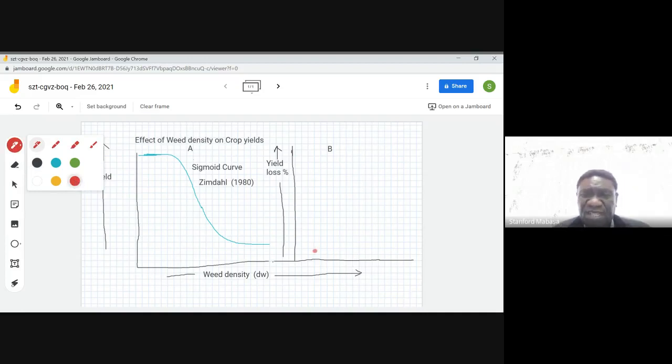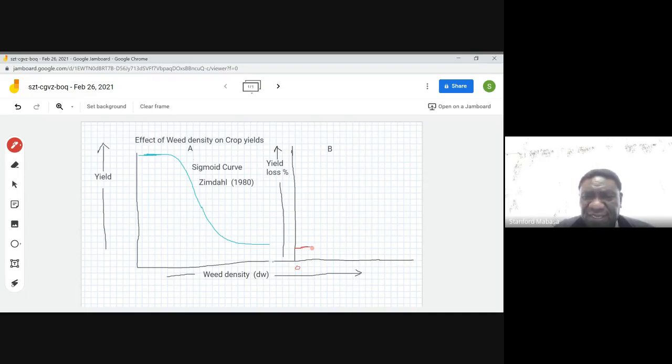Now, according to Zimdahl, when you plot weed density versus yield loss, this is 0. When you have a low weed density, the yield loss is quite low.